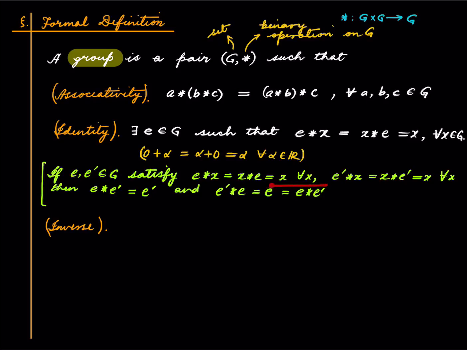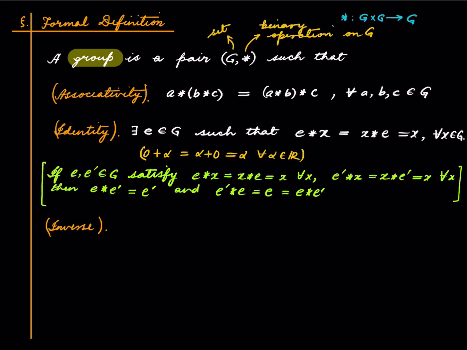So what we see is that we have this and we have that. But E star E prime and E star E prime are the same thing, so E prime equals E. So in this horrendous green color, I have shown that this element is actually unique. There is only one such element which satisfies this property, even though we just insisted on its existence.